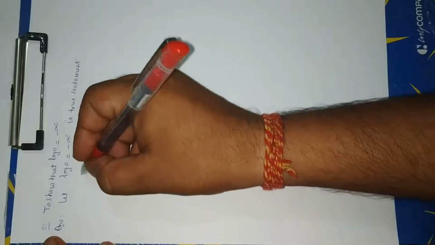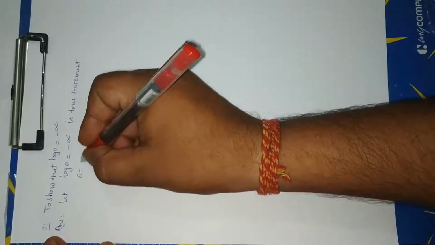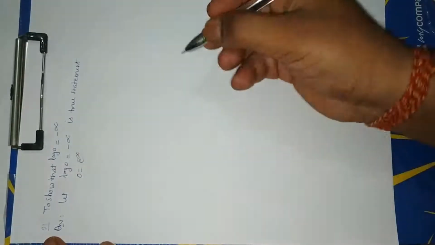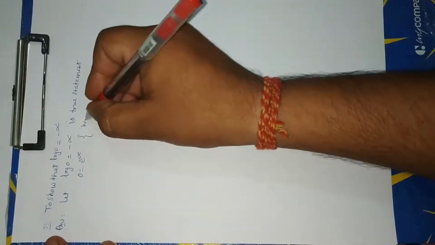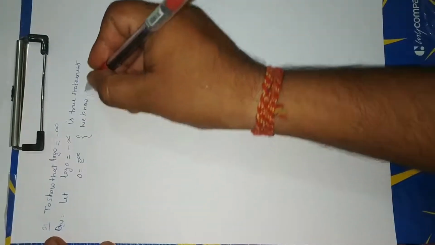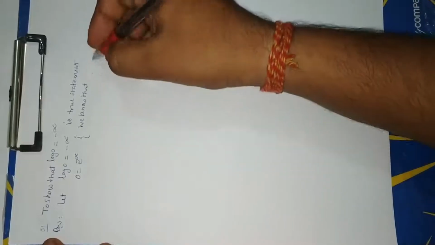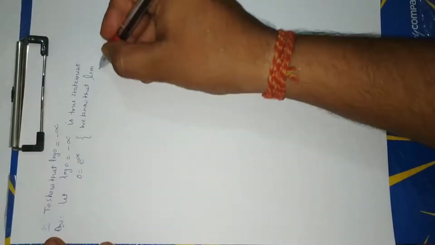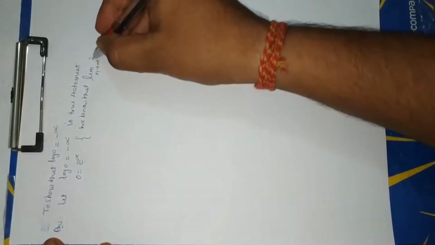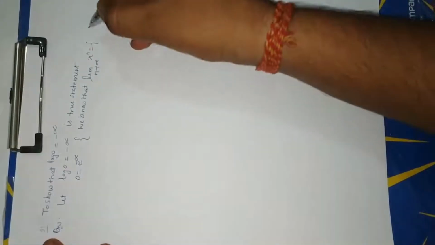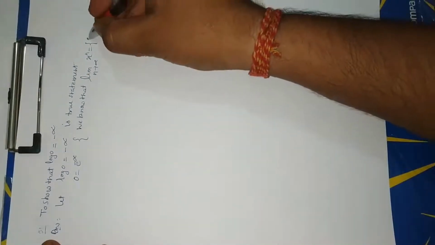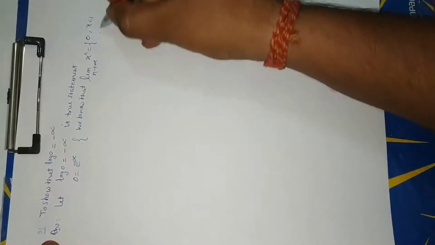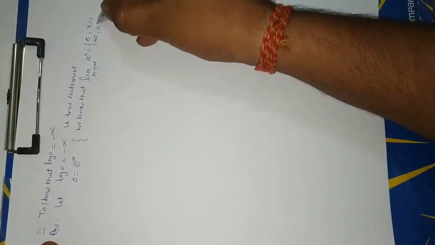Now taking antilog, that is 0 is equal to e to the power minus infinity. We know that limit n tending to infinity x to the power n equals 0 when x is less than 1, and equals infinity when x is greater than 1.